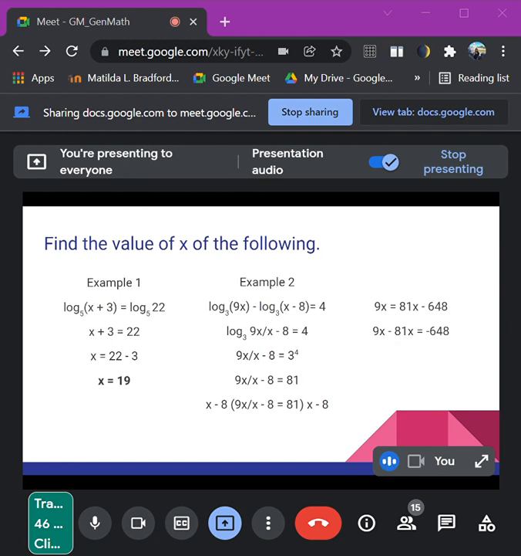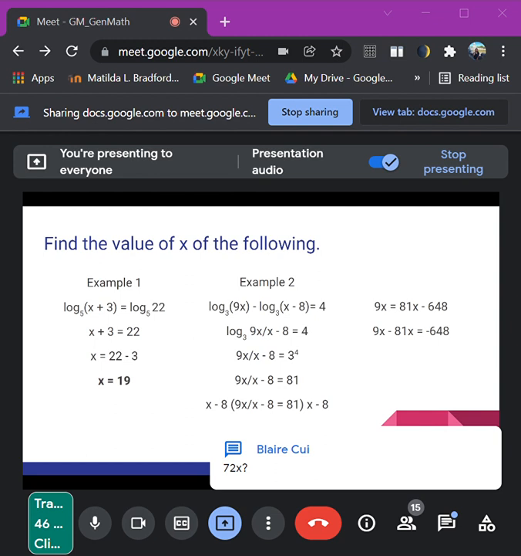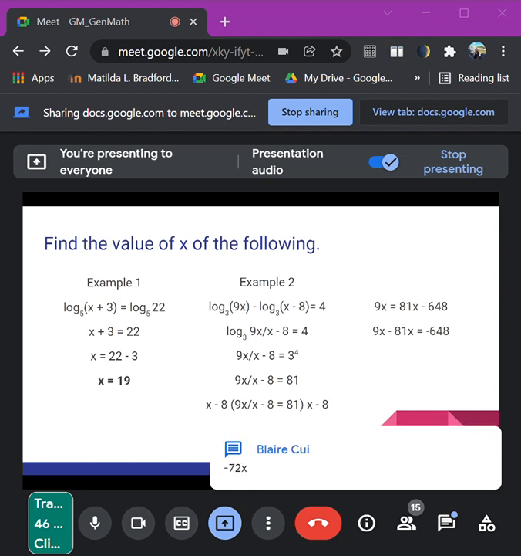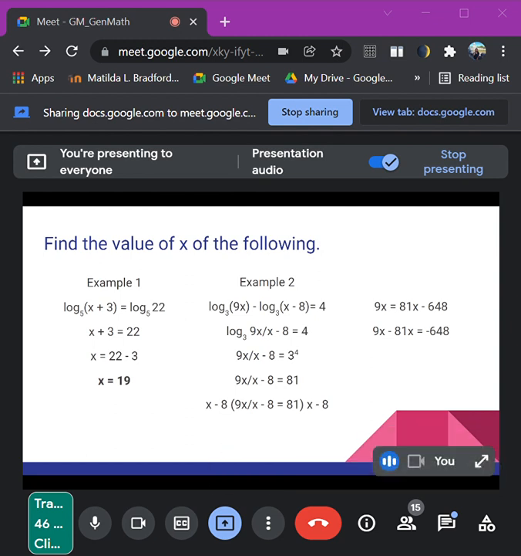How much is that? Okay, that is 72 or positive, negative. 9 minus 81 man siya. Okay, that is negative 72x, right?